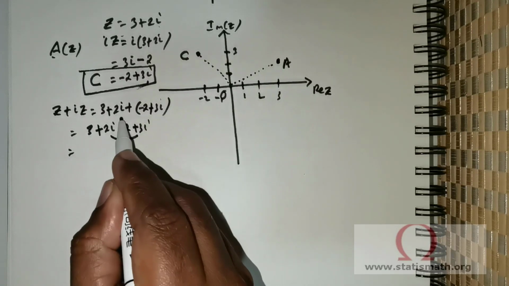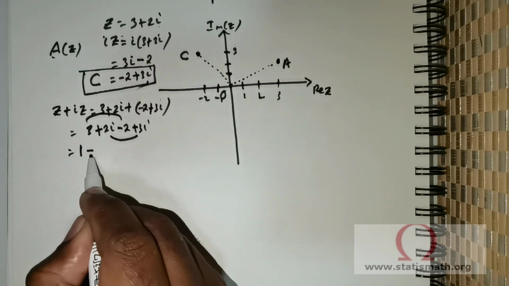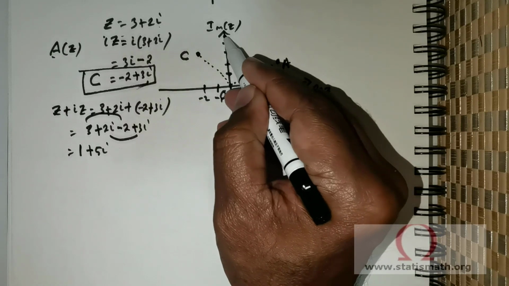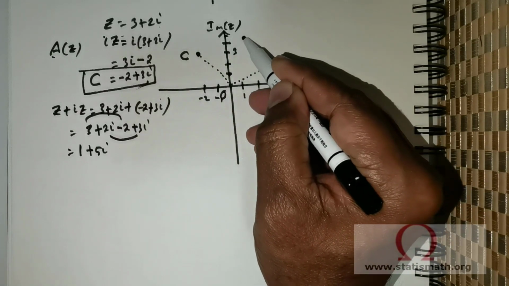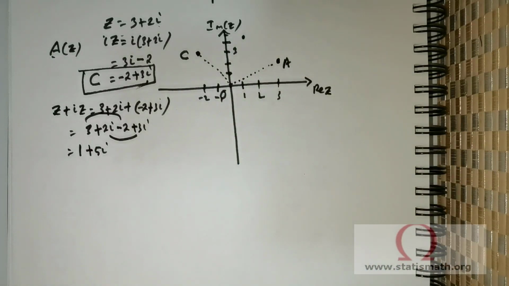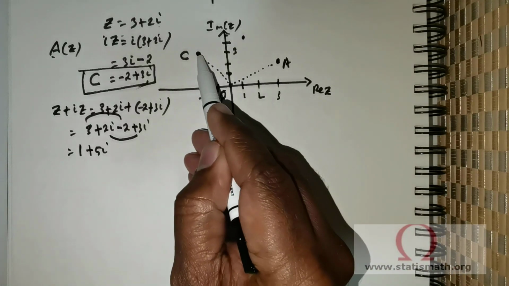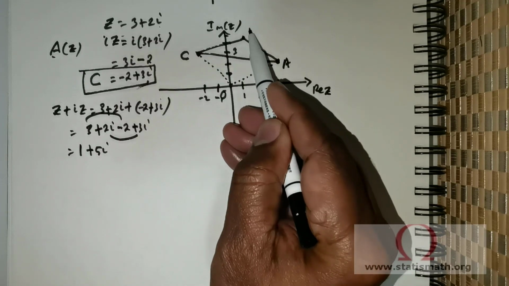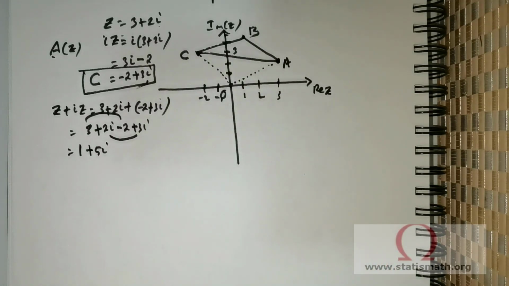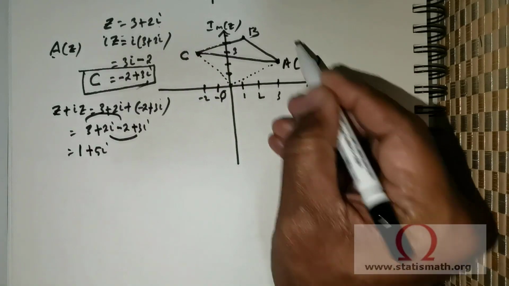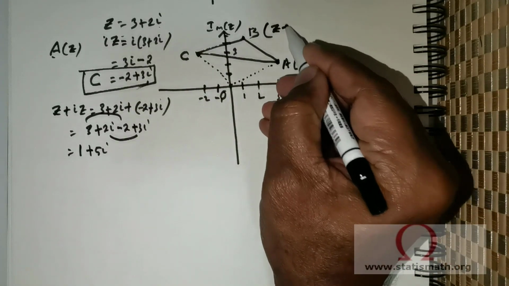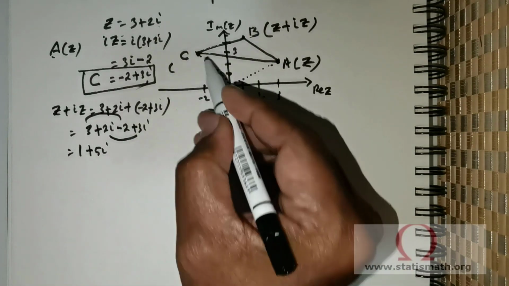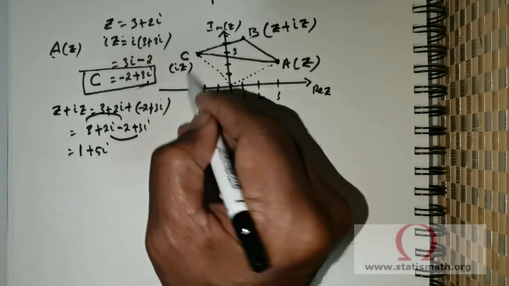I can add these two and I can add these two, giving 1 + 5i. So 1 is here, this is 4 and this is 5, so that point is going to be over there. If I connect these points, this is the triangle we have got. So A is z, B is z + iz, and C is iz.